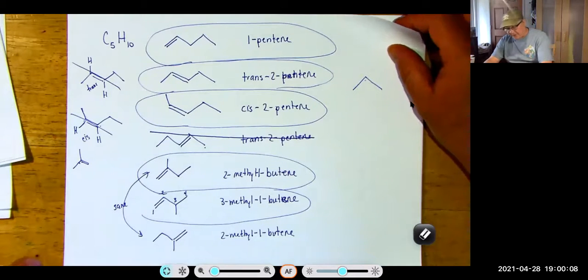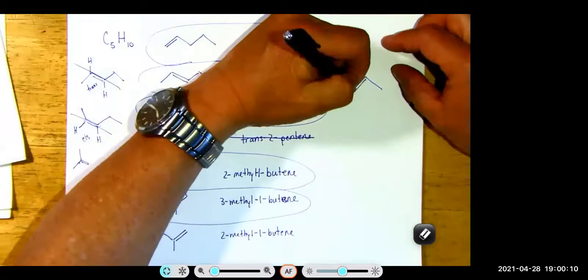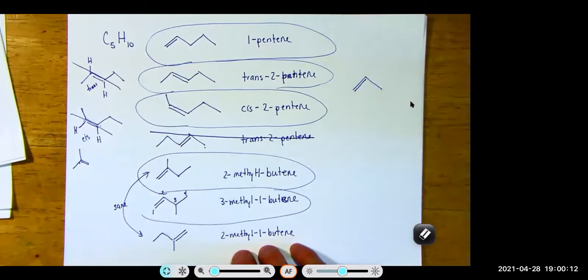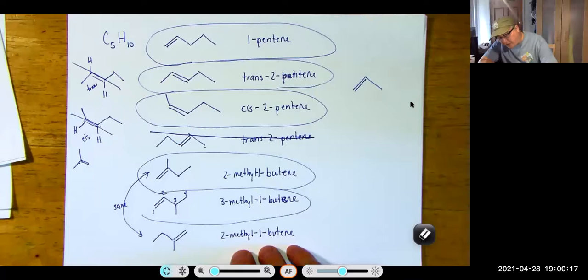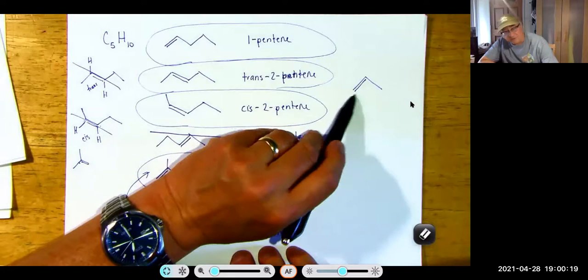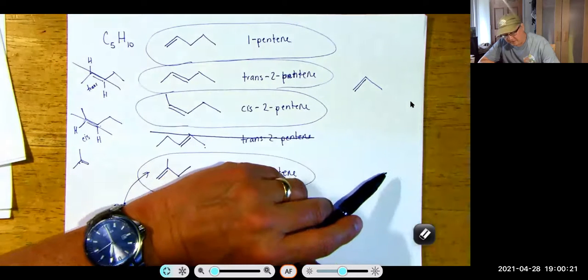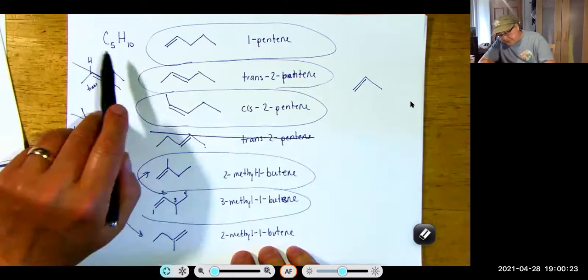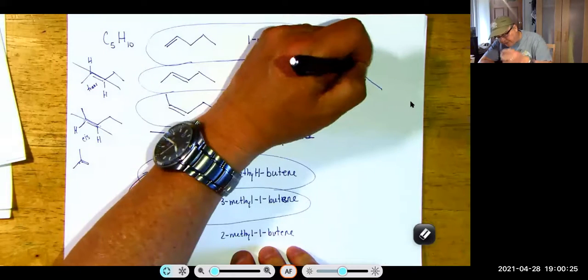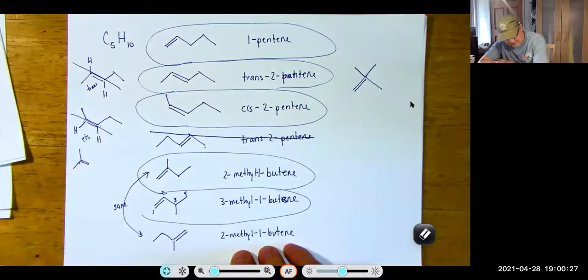All right, how about the threes? Is there any way for us to do a 5 out of 3? I can't put it on the ends, can I? Because then it becomes a 4. And I have 2 more carbons to add, so this is where I'd have to put them. Is that okay?